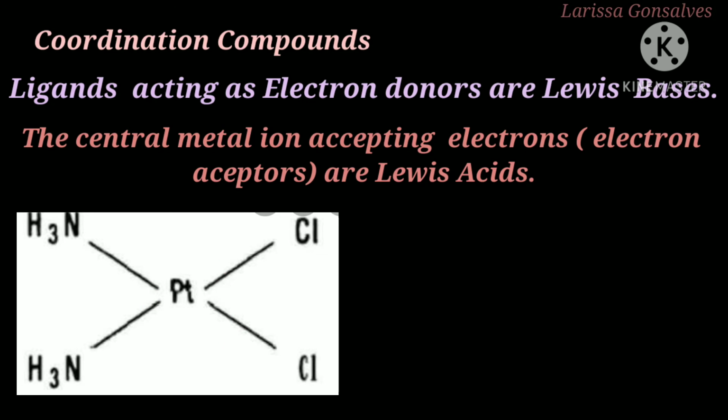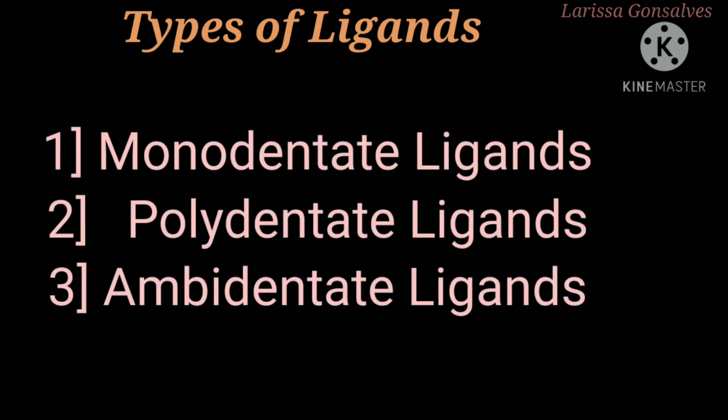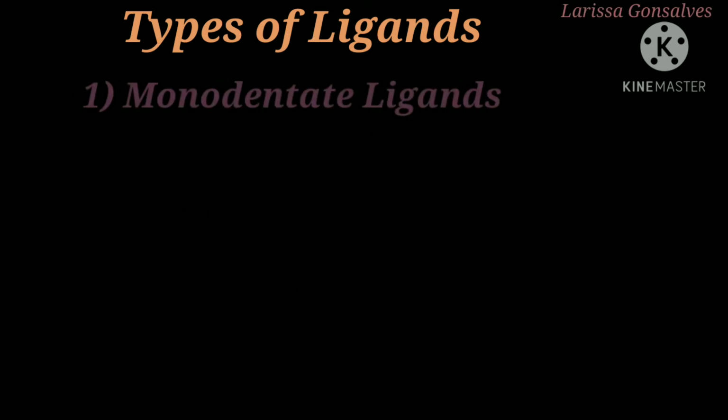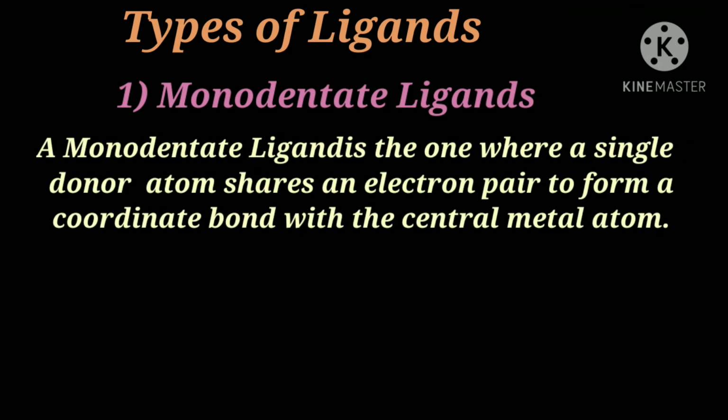Let us now study the types of ligands. There are three types of ligands, namely monodentate ligands, polydentate ligands, and ambidentate ligands. First are the monodentate ligands. Monodentate ligands are those wherein a single donor atom shares an electron pair to form a coordinate bond with the central metal ion.